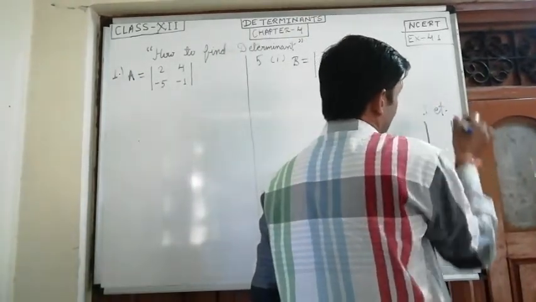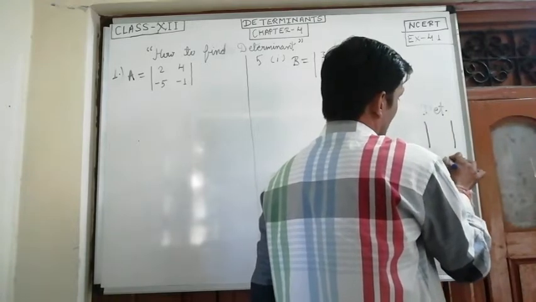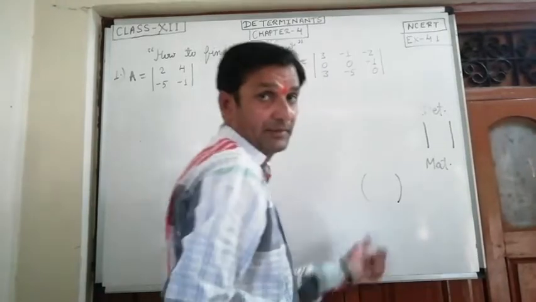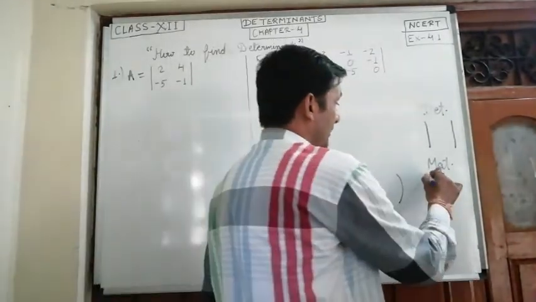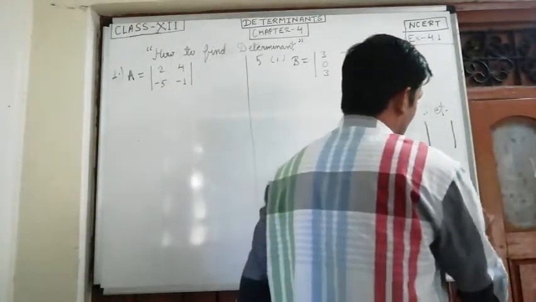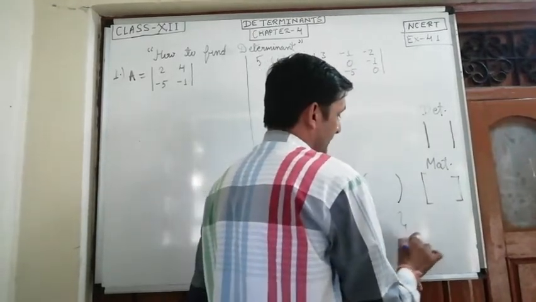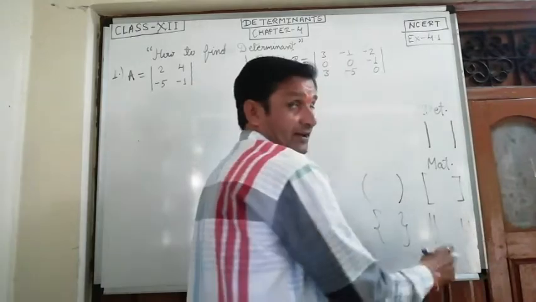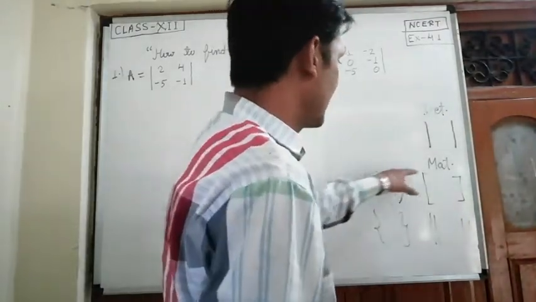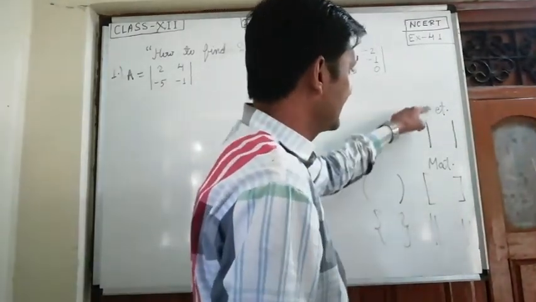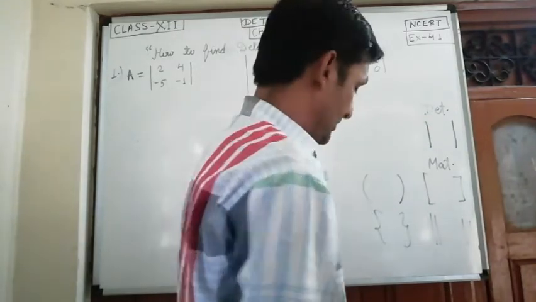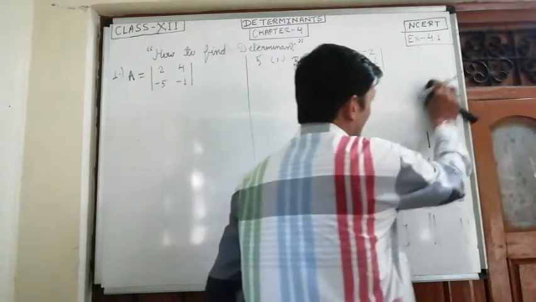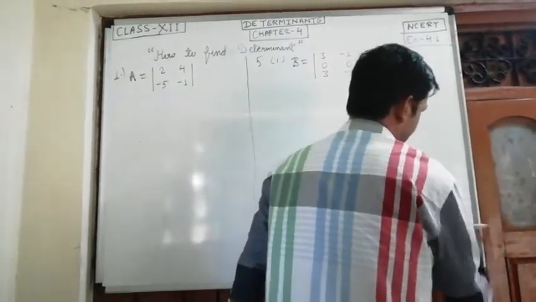But in case of a matrix, you remember this thing, it may be assigned between two small brackets, between two square brackets, between two curly brackets, between two vertical lines either side. These are the symbols of matrices and this is the symbol of determinant. This you have to remember. So here I am explaining you how to find determinant.